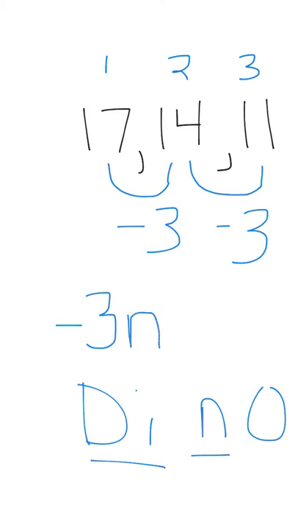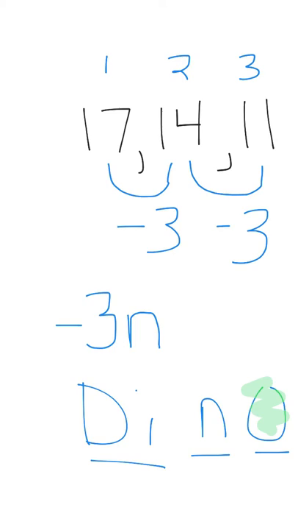And now I need to work backwards to identify my 0 term. So my 0 term would be 17 plus 3. Because I was subtracting 3, now I'm going to work backwards and I'm going to add 3.